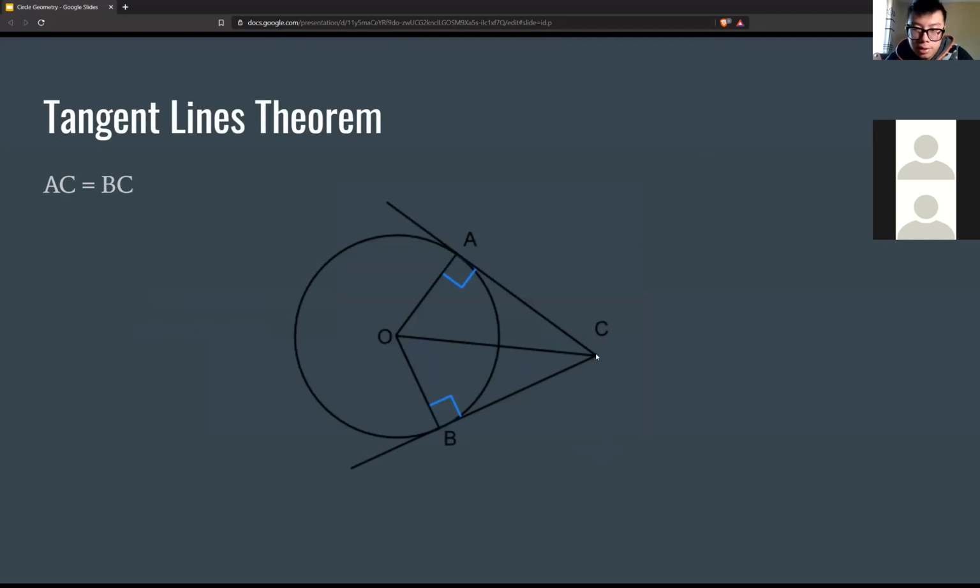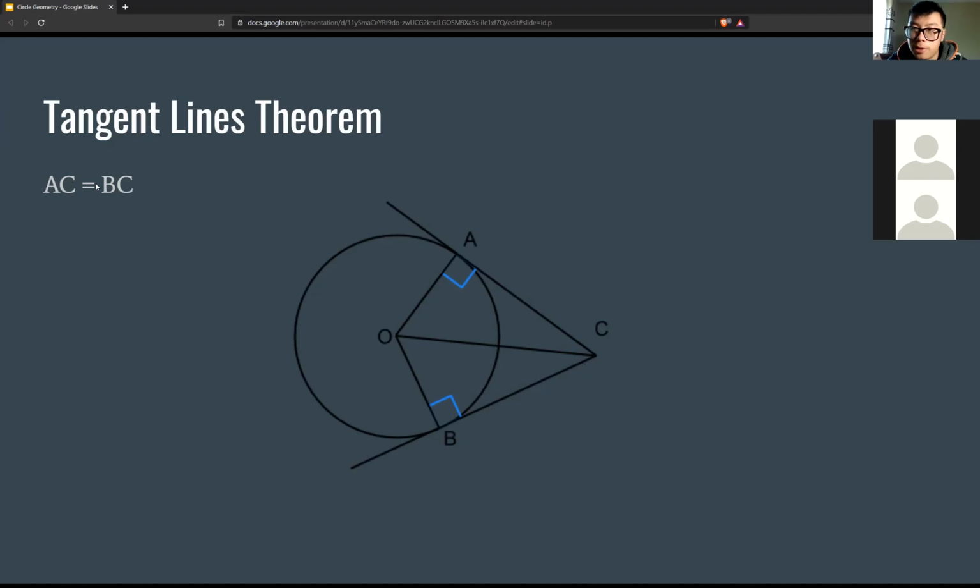So that means C to B, and then C to A. Those are your two tangent lines. What the theorem states is that the length of these tangent lines, from A to C and B to C, ignoring the outside part, AC is equal to BC.